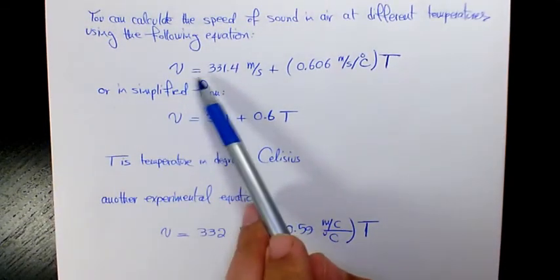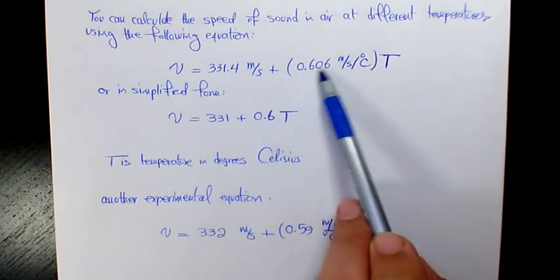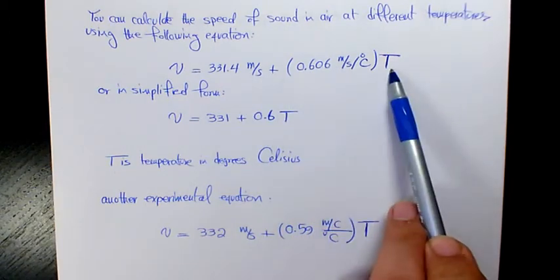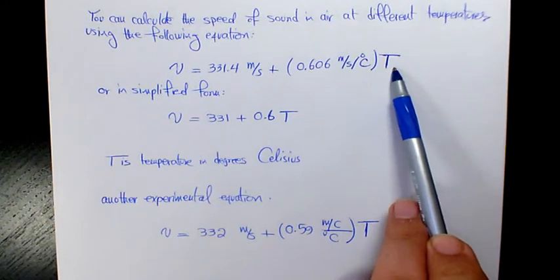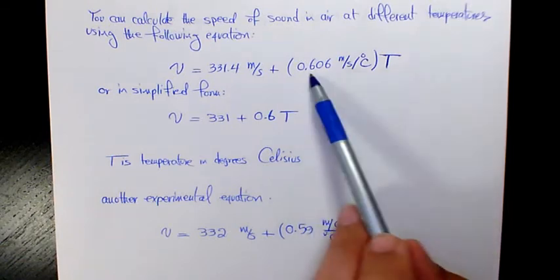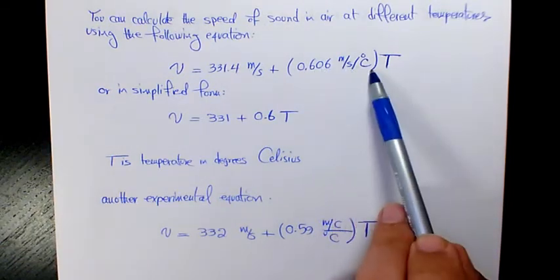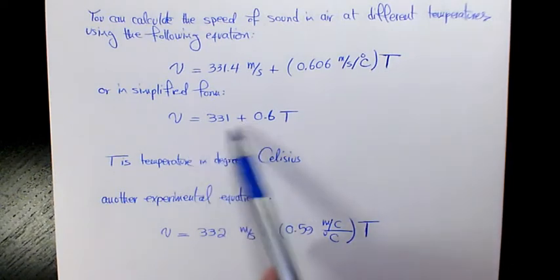Speed of sound equals 331.4 meter per second plus 0.606 times T. The T is temperature in terms of degree Celsius. And the unit for 0.606 is meter per second per degree Celsius. There's another simplified form of this equation.